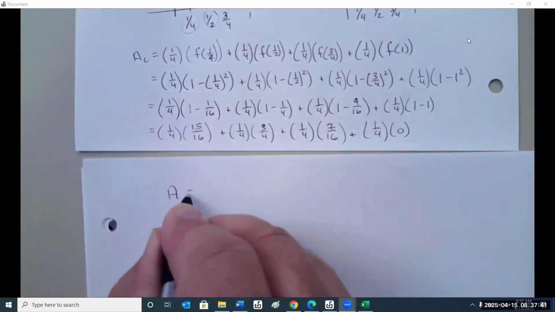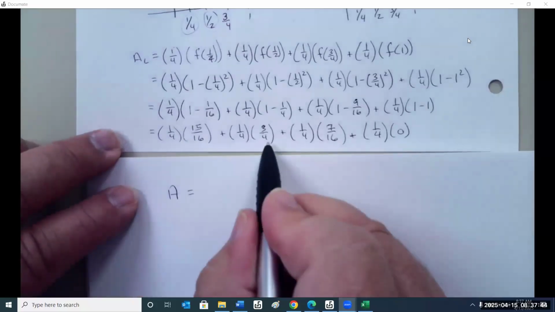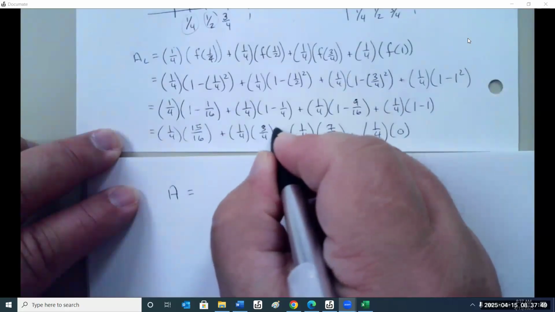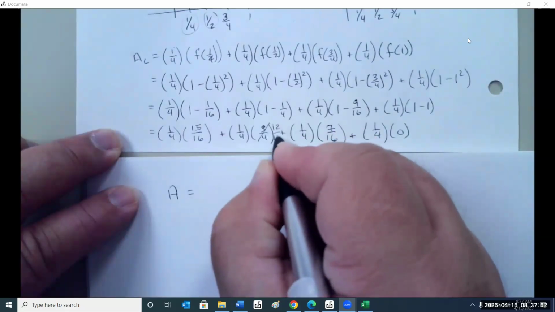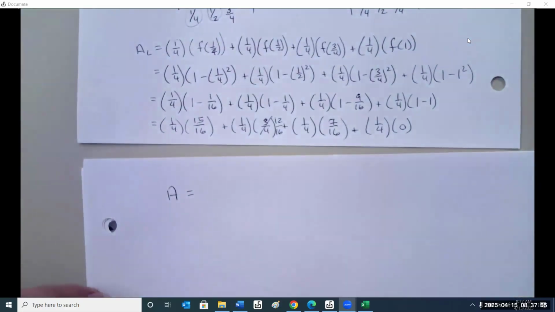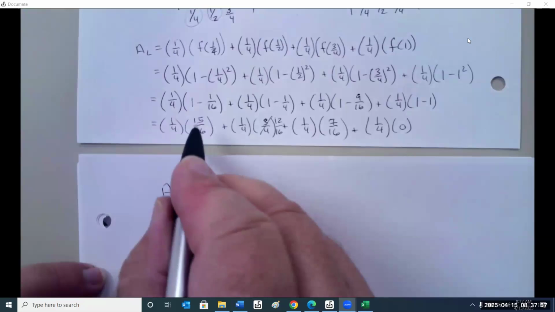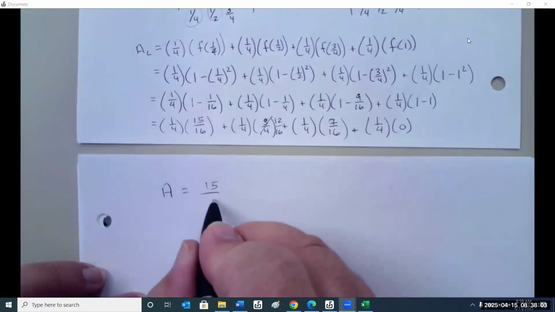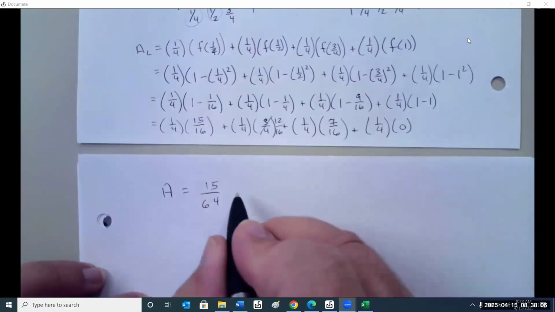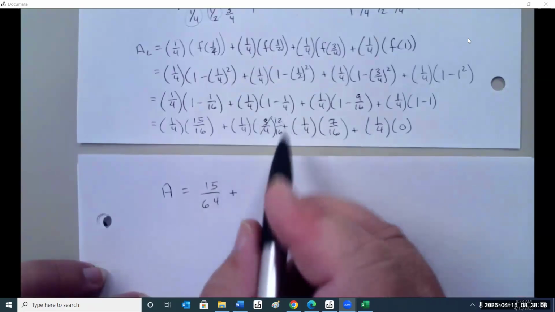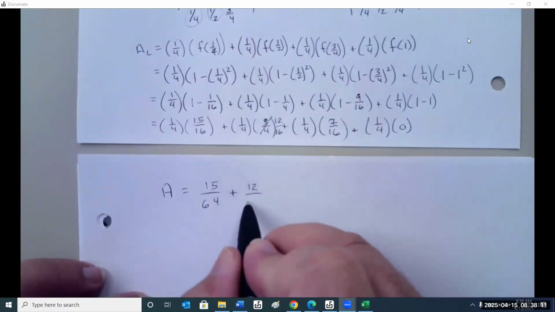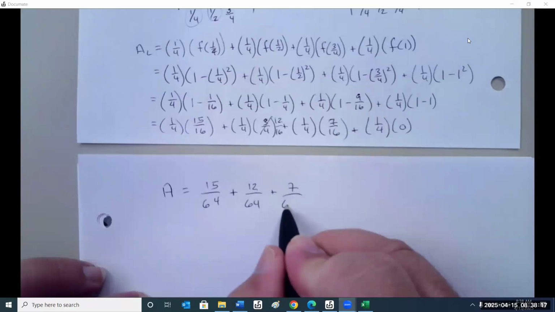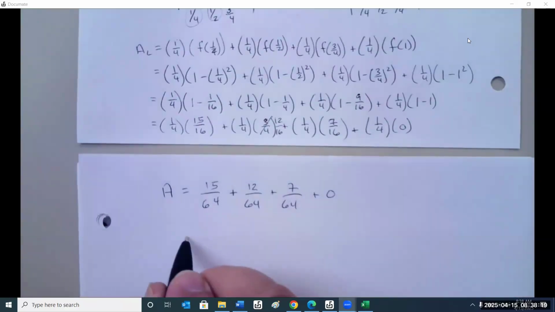So that gives us our area. It's much easier if we have all of them being 16ths on the denominator. So I can make this one into 12/16. So it's going to give us the same denominators. So now we have 1/4 times 15/16 is 15/64, 1/4 times 12/16 is 12/64, 1/4 times 7/16 is 7/64 plus 0.